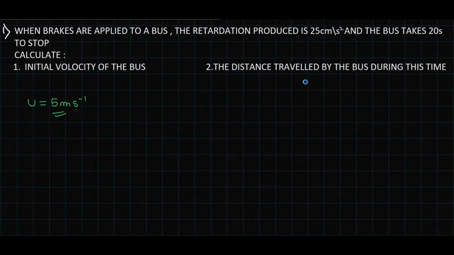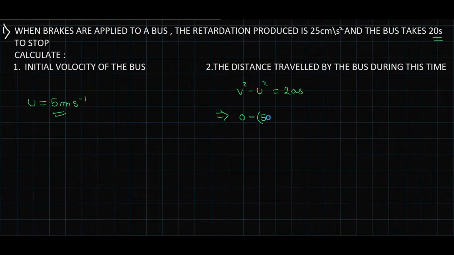Okay, the next question wants us to find the distance traveled by the bus during this time, meaning 20 seconds. So we are going to make use of the formula V squared minus U squared equals 2AS. The final velocity given to us was 0, minus the initial velocity which we found in the previous question, which was 5.